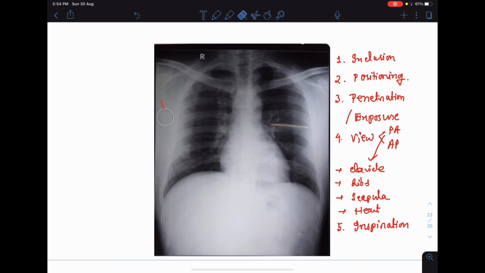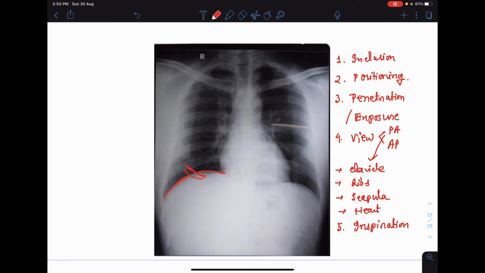When the film is inspiratory, we will be able to see that the 6th rib is crossing the middle of the right dome of the diaphragm, and also we will be able to see the posterior end of 9th and 10th ribs. So these are the 2 points to know whether it is an inspiratory film.